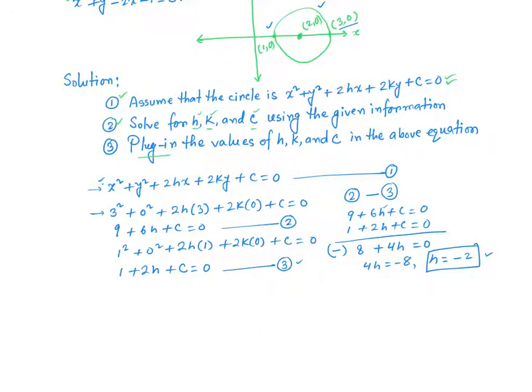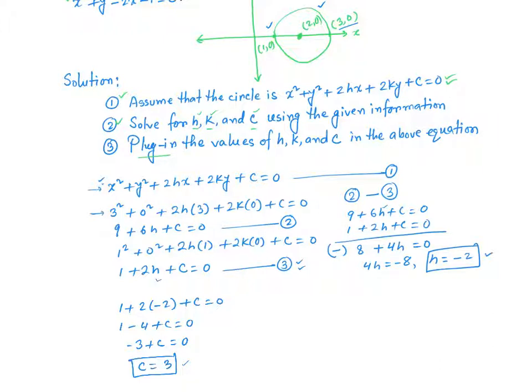Now I'm going to take this h value of negative 2 and plug it into equation number 3, and then solve for c. It's just straightforward plugging in the h value of negative 2 into this equation, and it gives me c is equal to 3, as you can see.